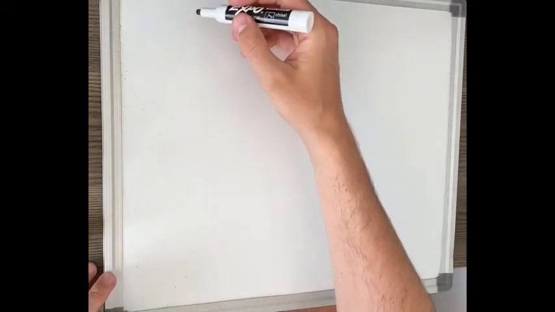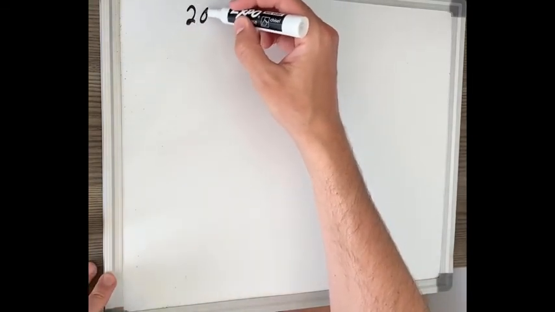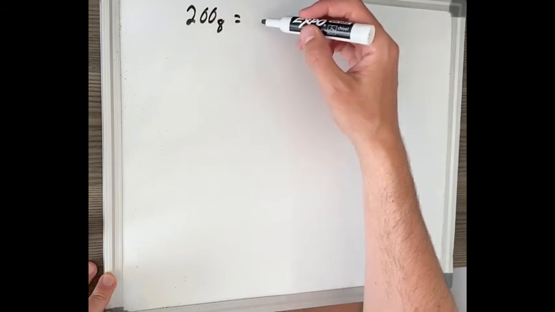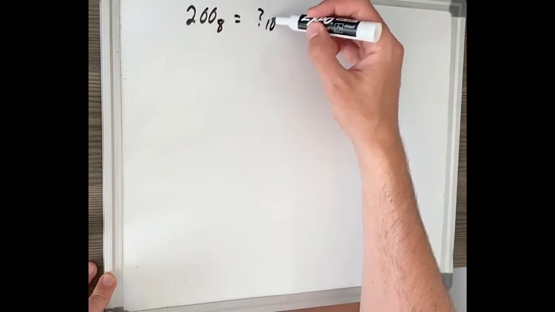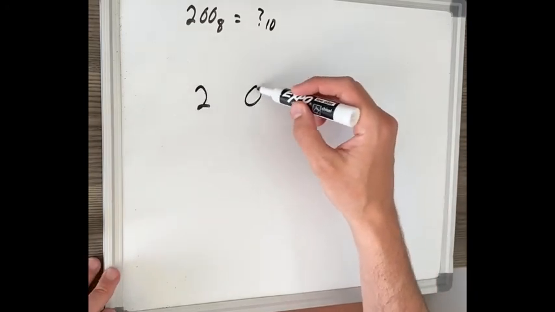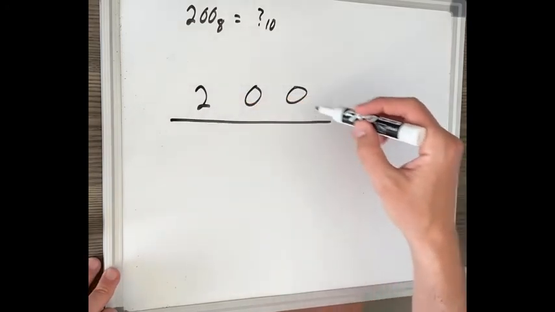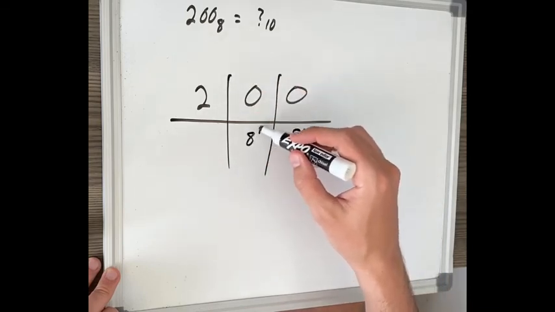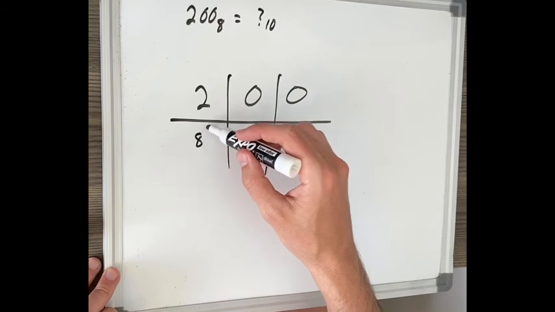And let's do just a slightly larger one. Let's say we want to do 200 base 8. What does that equal to in base 10? And again, skip this if you feel comfortable, but we're just going to break it out. 2, 0, 0. Draw my tracks. This is 8 to the 0. This is 8 to the 1. It's 8 squared.